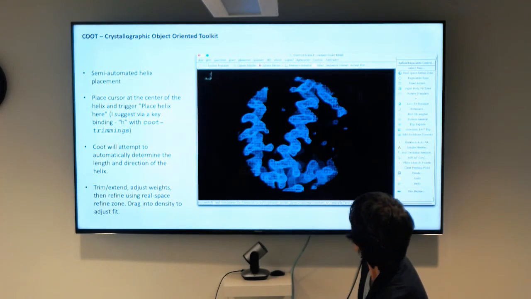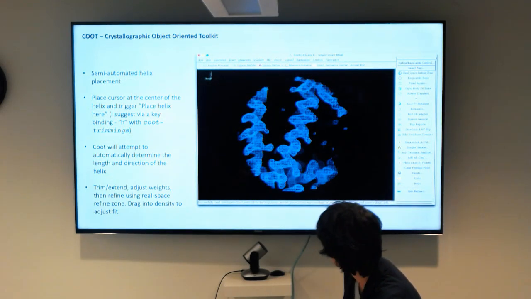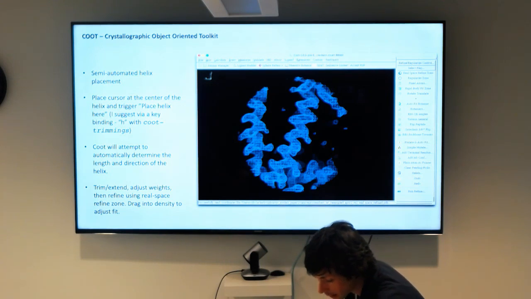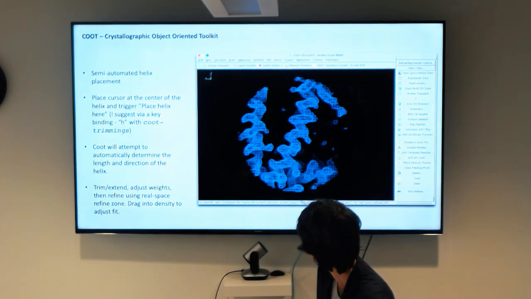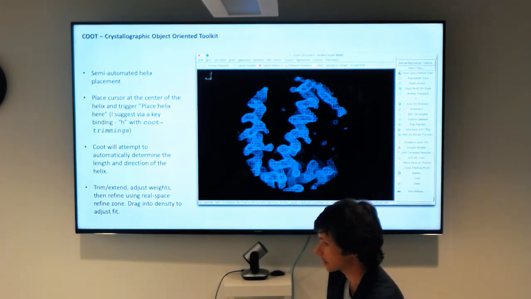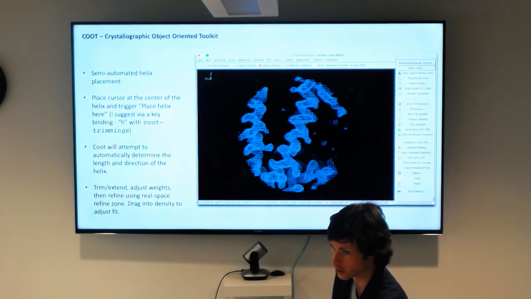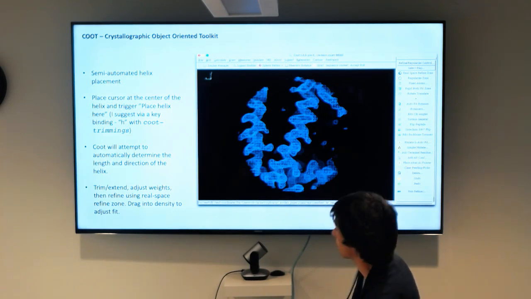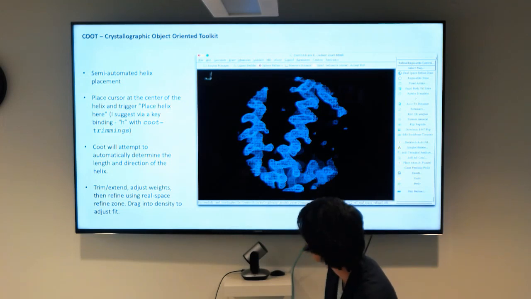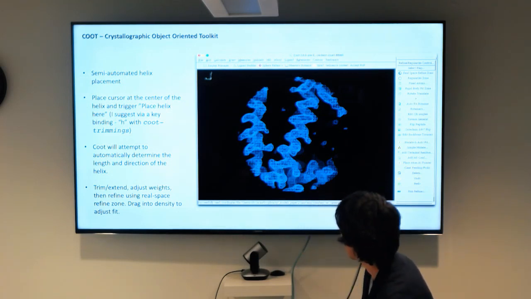COOT also has semi-automated helix placement built in, which is probably the place that I would start for assigning secondary structure. Helices are the easiest and the best place to start, so use them if you've got them. I would suggest binding that to a key.